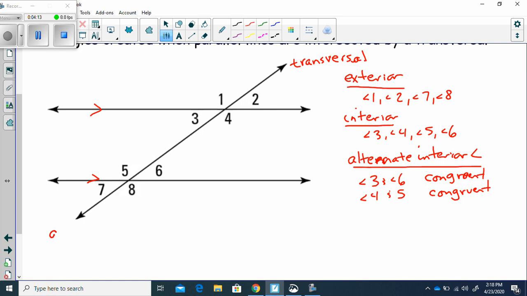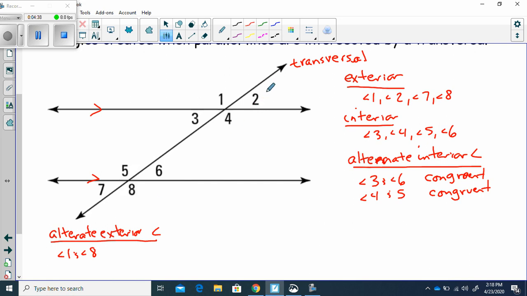How about alternate exterior? Alternate means opposite sides of the transversal. Okay, so let's look at our alternate exterior angles. Exterior means outside, that's 1, 2, 7, and 8. Alternating sides, 1 and 8 would be an alternate exterior pair.